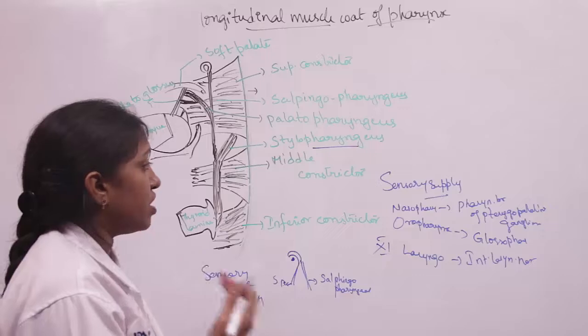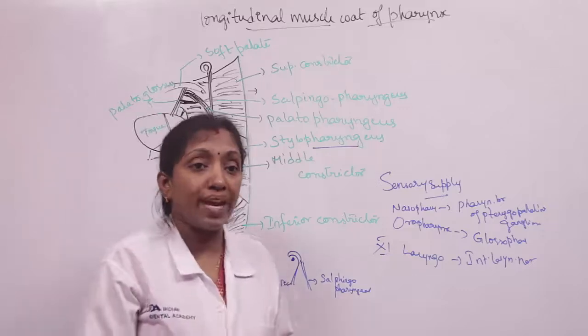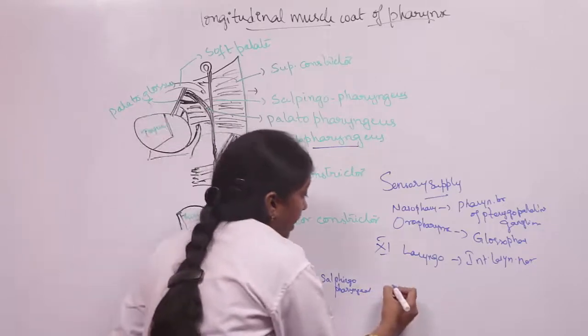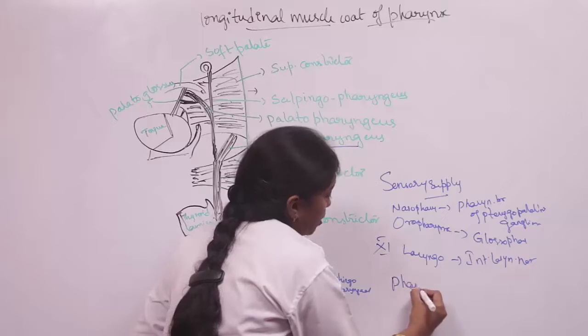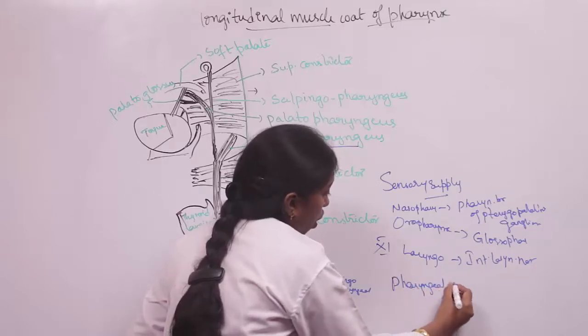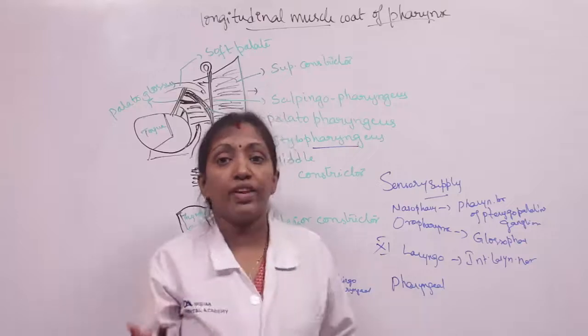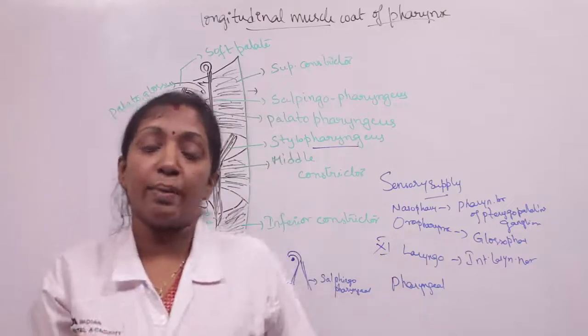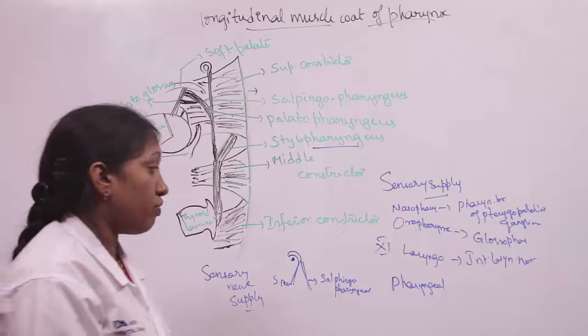And coming to the pharyngeal plexus, we can see it on the buccopharyngeal fascia. We know that the buccopharyngeal fascia is a loose areolar membrane covering the constrictors of the pharynx, right?